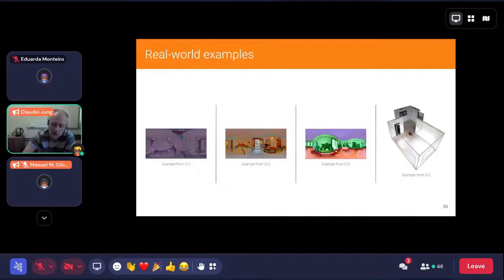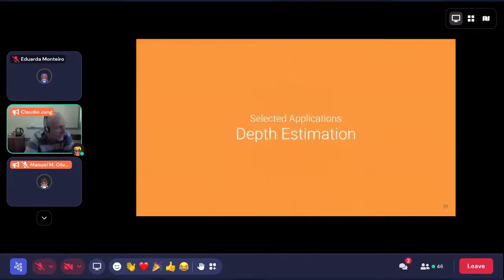So going further into the granularity of the application, layout estimation provides some information about the 3D structure of the scene, basically about the walls, the structure of the environment. If you are in my room, you can see in the background a kettle to warm water.